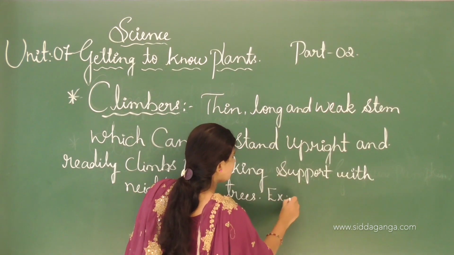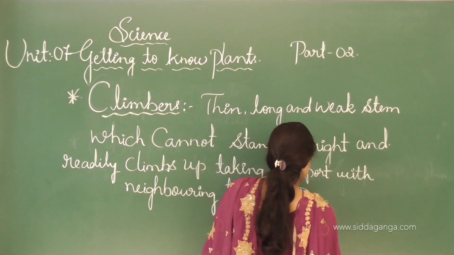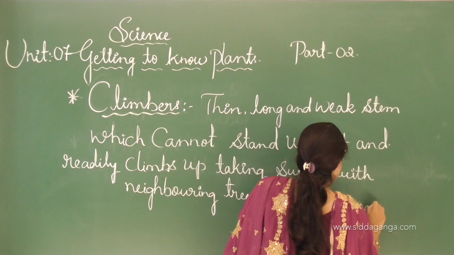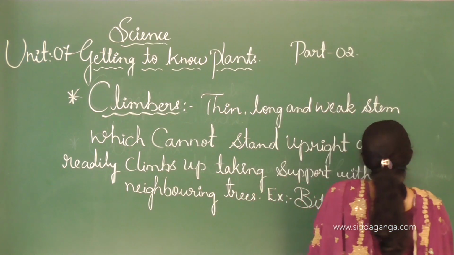Examples for the climbers are bitter gourd and also money plant.